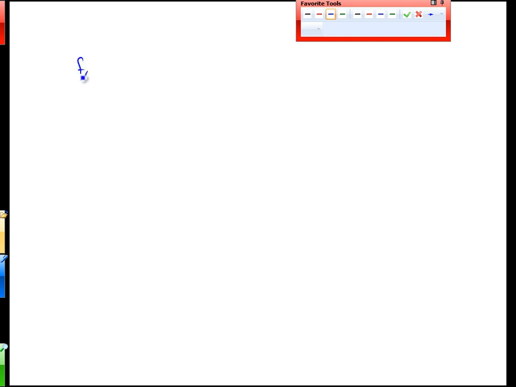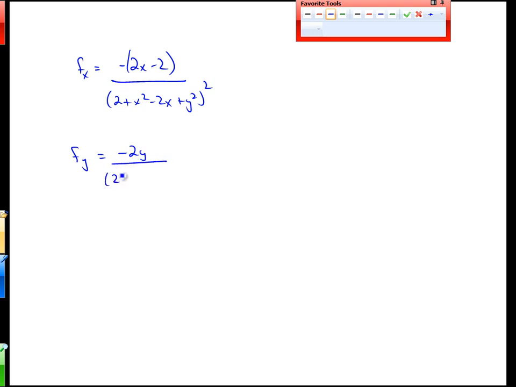So we have f sub x, I'm going to rewrite this: negative times the whole thing, negative (2x minus 2) over (2 plus x squared minus 2x plus y squared) all squared, and f sub y: negative 2y over (2 plus x squared minus 2x plus y squared) all squared.